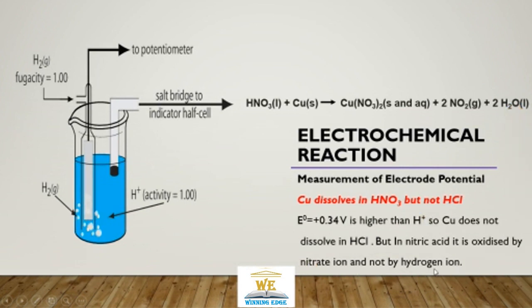So this is one example. We can try to understand how the electrochemical series helps to understand the chemistry of reactions of different elements with different acids or alkalis.